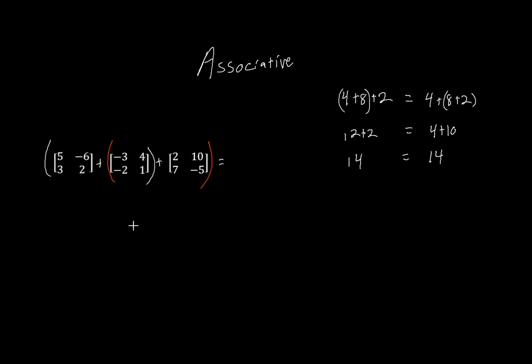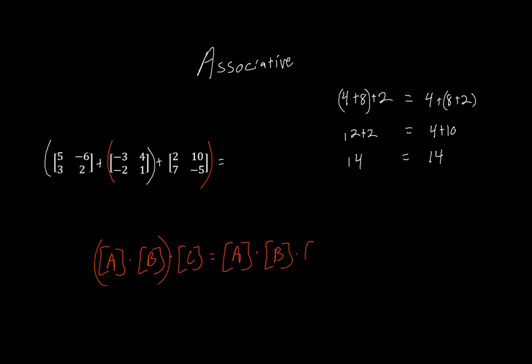When you're adding or multiplying matrices, how you group them does not matter. If you've got matrix A times matrix B times matrix C, that is equivalent whether you do it this way first, or you do B times C first.